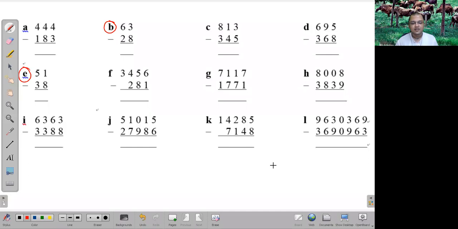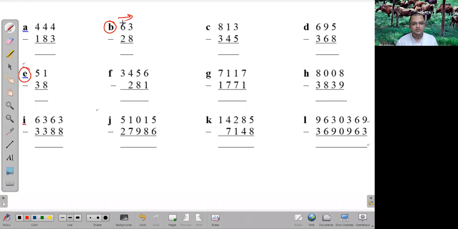Can I try, Prabhuji? Who is asking? Vrajpriya. I'll try number B using the left method, left to right. 6 minus 2 is equal to 4, but 3 minus 8 is not possible.